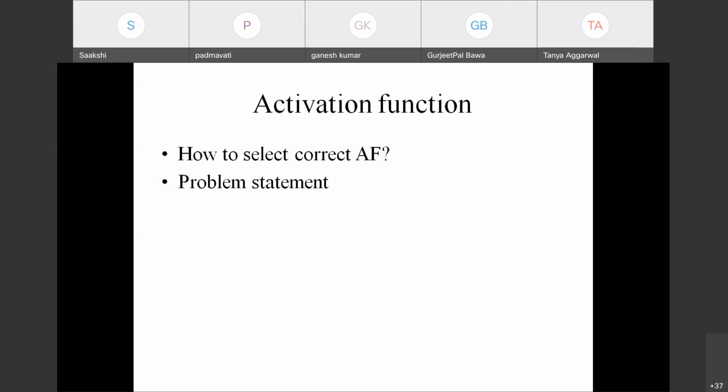Once we did that, now we need to select the correct activation function. So how do I select the correct activation function? It can be selected based on the problem statement. We need to be much aware of the details of the problem, what kind of output my problem demands. Based on that, I need to select the activation function.